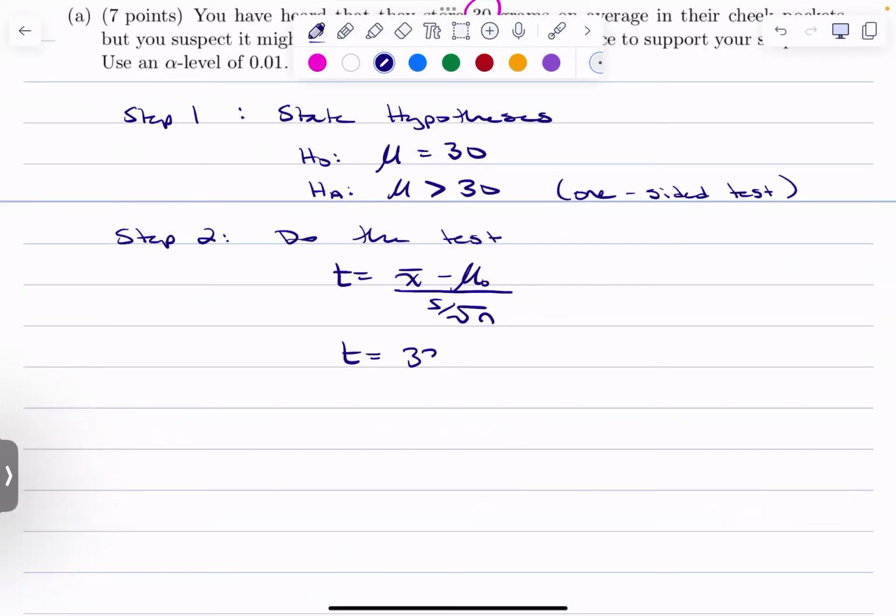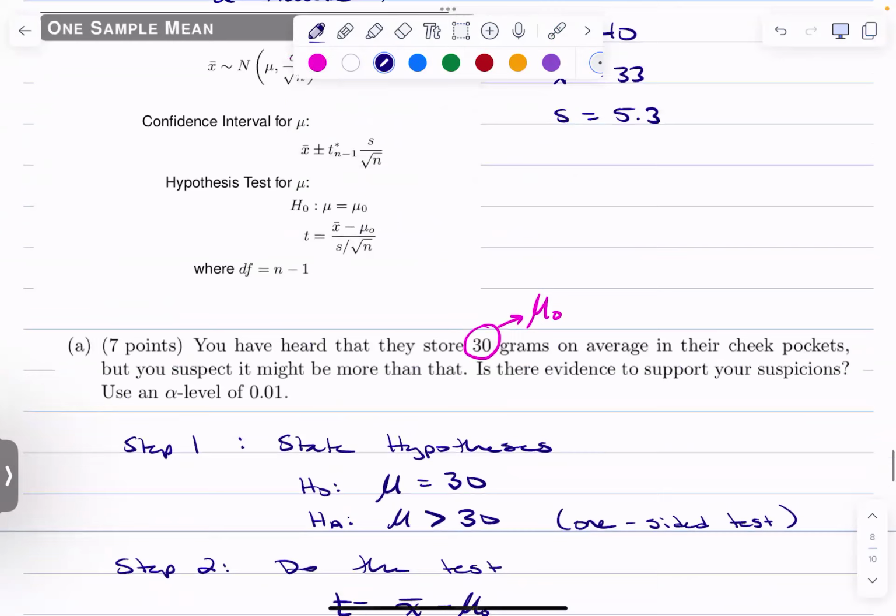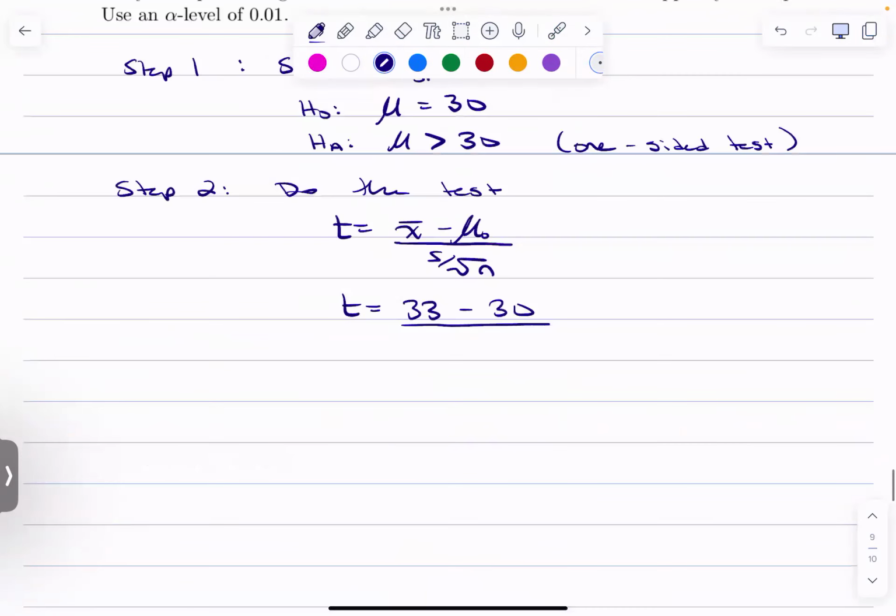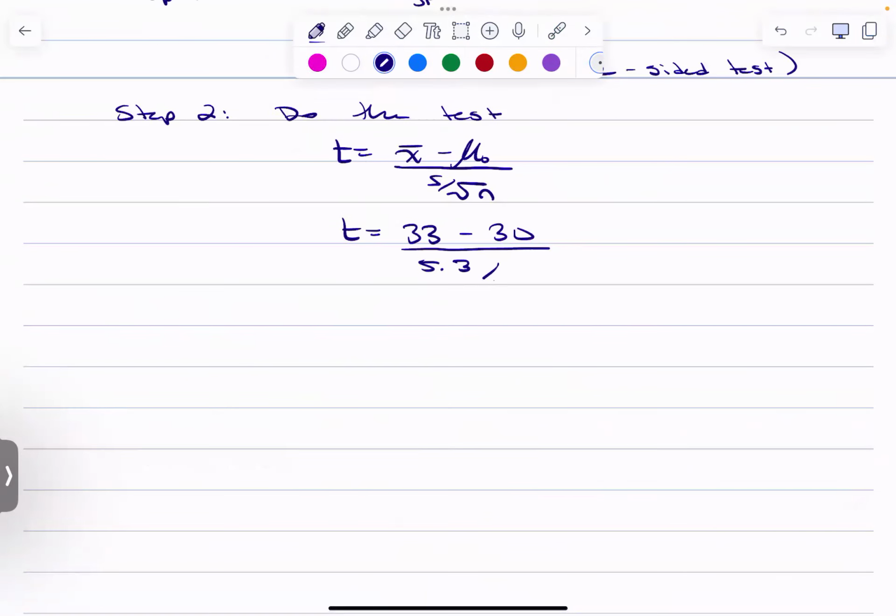So our t in this case is 33 minus 30 divided by what was it, 5.3 divided by the root of 40. How far is 33 from 30, taking into account the standard error? Here we go. 5.3 divided by the root of 40, and then 3 divided by that guy.